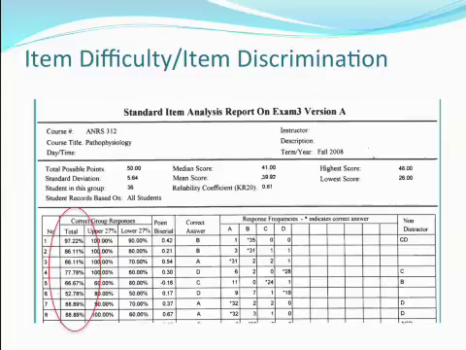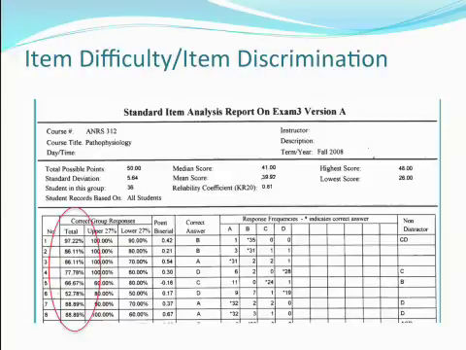The total percent correct column is a reflection of the total percentage of students who actually answered the test item correctly. It's an indicator of the item difficulty. We call this the p-value, or the percent of correct responses to a particular item. So the higher the p-value, or percentage correct, the easier the question.